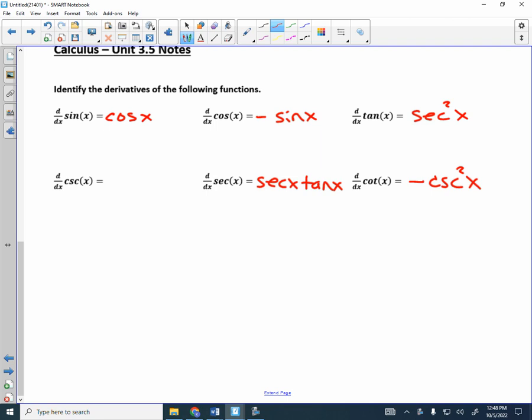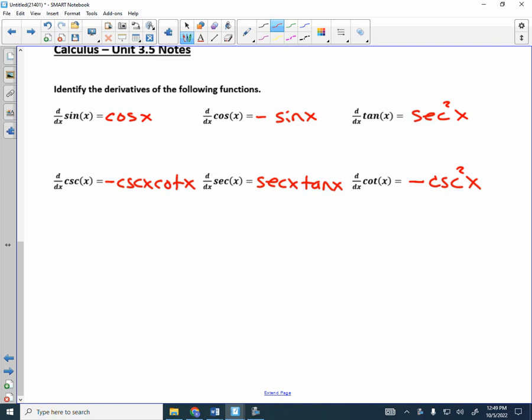And the derivative of cosecant is not secant tangent, it's negative cosecant cotangent. So cotangent is negative cosecant squared? Yes. And cosecant is negative cosecant times cotangent? Yes.